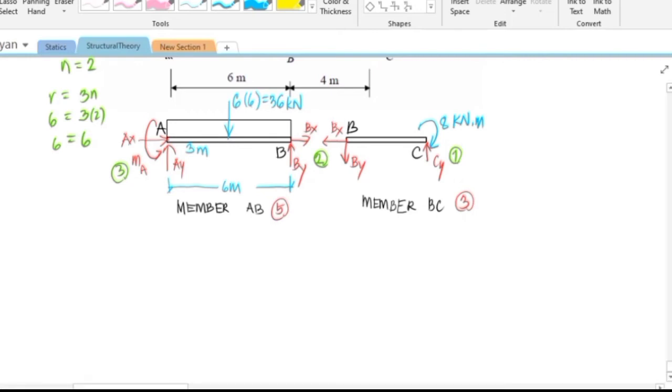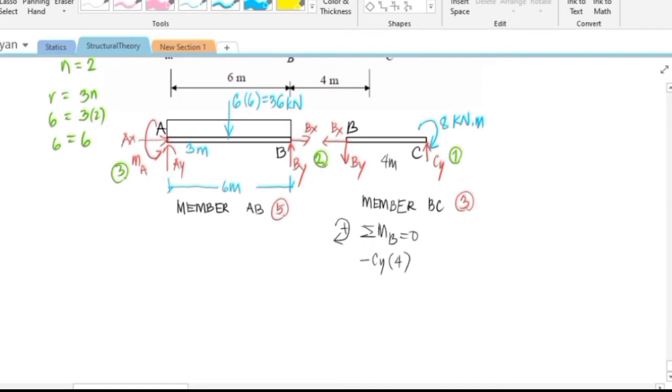So, in order for us to solve for the value of the CY, what we are going to do is to summate moment at point B. So, summation of moment at point B is equal to 0, taking the clockwise direction as positive. Then, makikita natin dito that CY will rotate counterclockwise. So, we have negative CY multiplied by the distance of 4 meters.